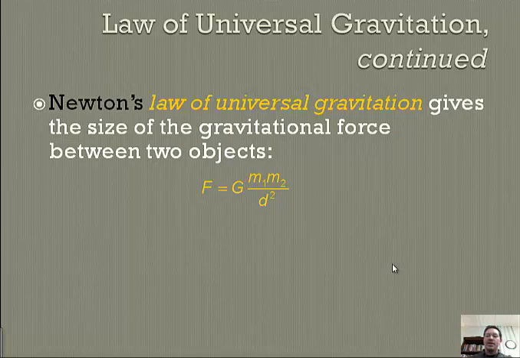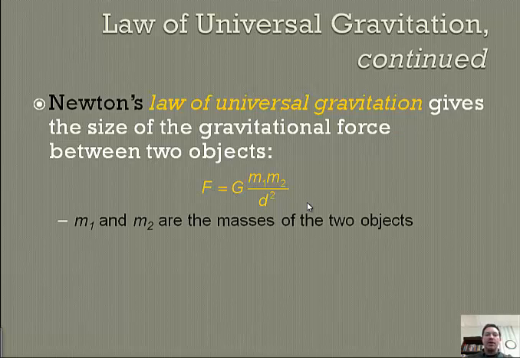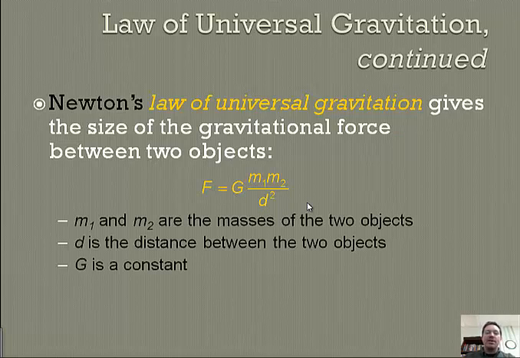This gives us the size of gravitational force between two objects. F is just force. G is a constant, so we either have to be given the constant or we have to be given everything else to solve for the constant. And then M1 and M2 are just the masses of two different objects.